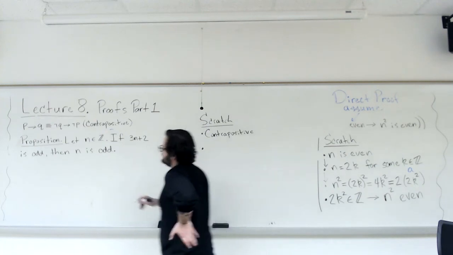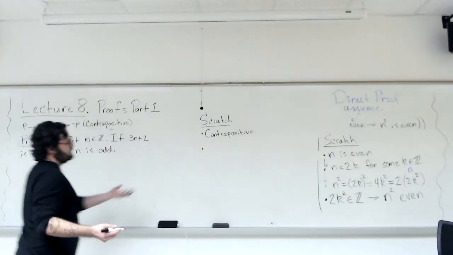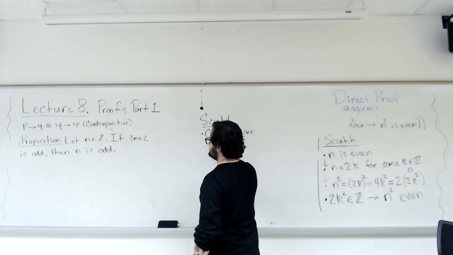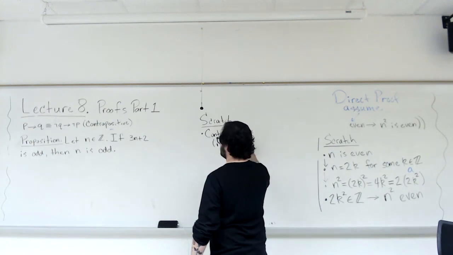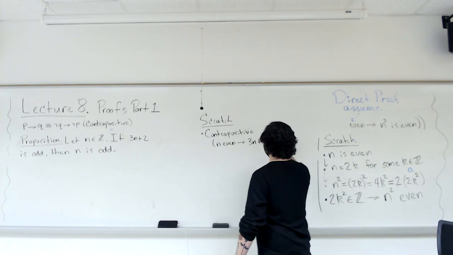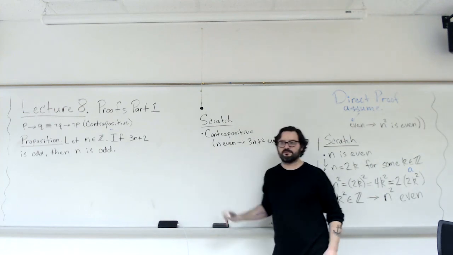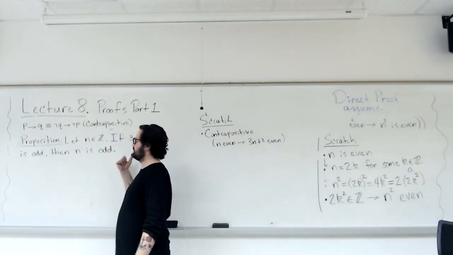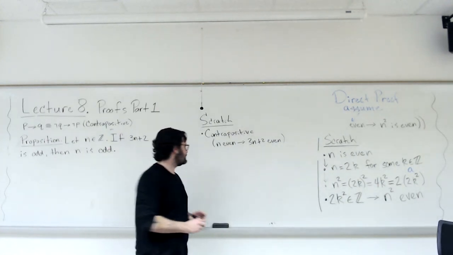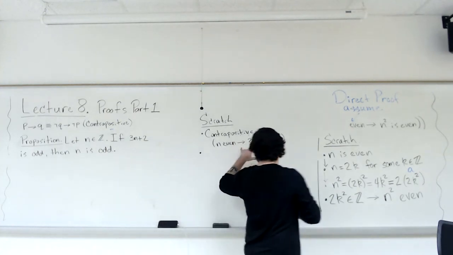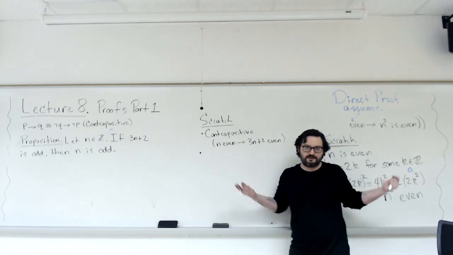So what is the statement? It is: n even implies 3n plus 2 even. That's the contrapositive of that statement. You negate the conclusion, and that implies the negation of the hypothesis. So now we're going to prove the contrapositive in the method that we know how to.